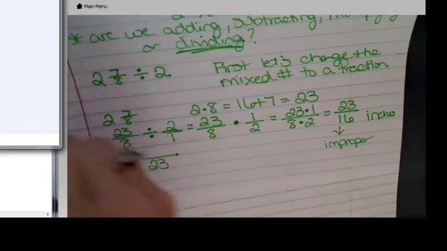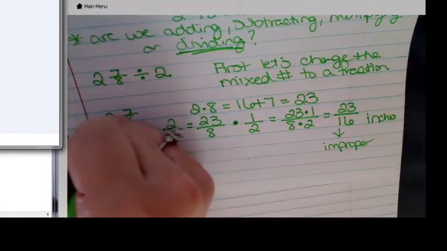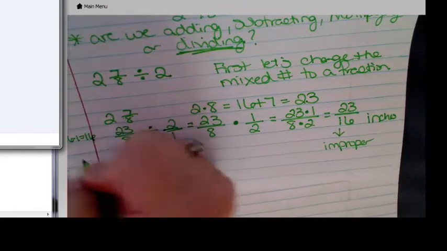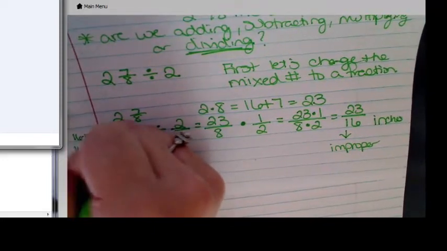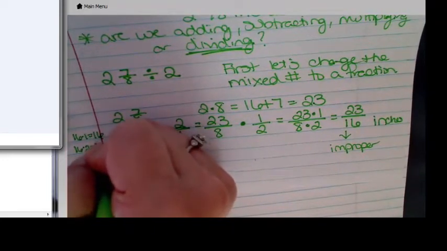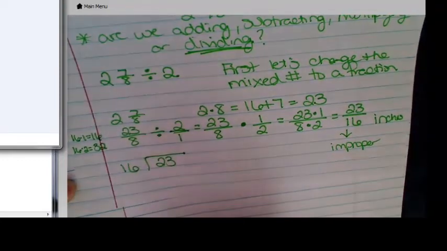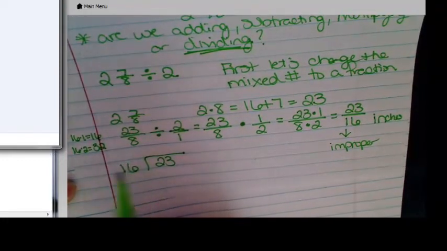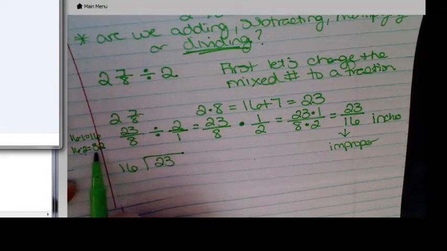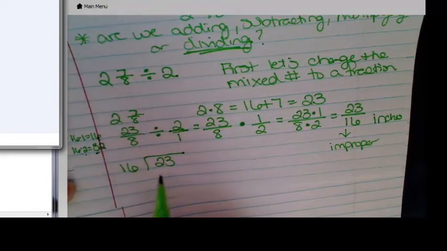16 is kind of a big number. So over on the side, you might want to think, okay, 16 times 1 is 16, and 16 times 2 is 32. If you don't know that, you can type that in your calculator. Okay, but that's really as far as you have to go because 16 times 2 is 32. 32 is bigger than 23, so we know we're not going to have to deal with that one.